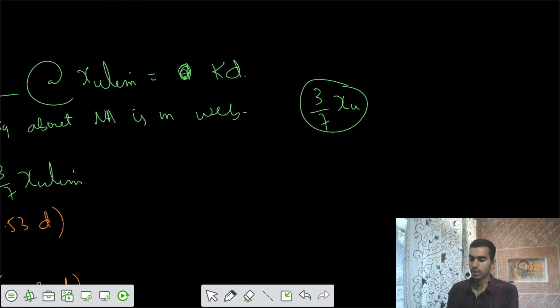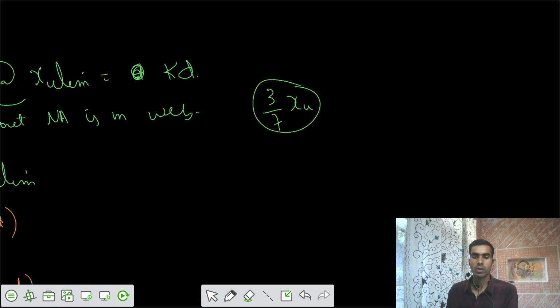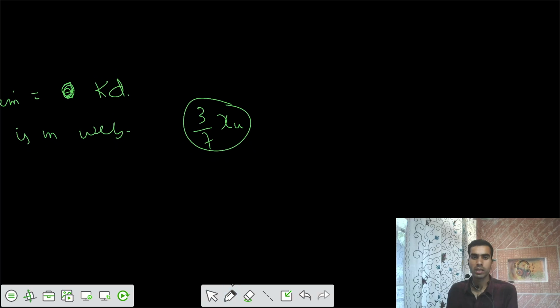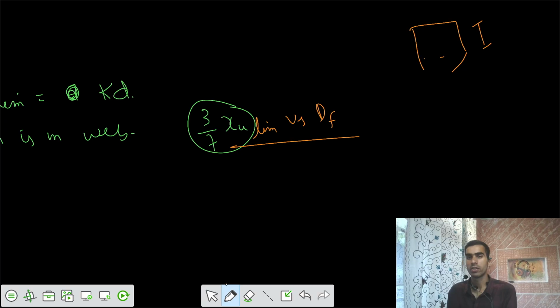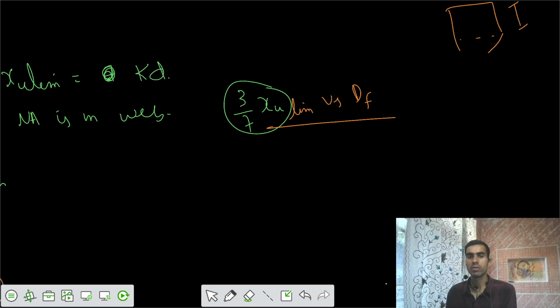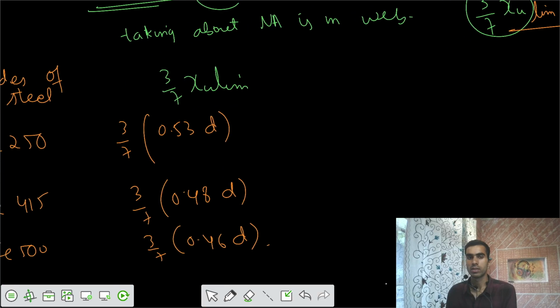Now I have to compare 3 by 7 XU limiting versus DF because the concern here was whether the entire DF is having constant stress or it's having some non-uniform stress variation also. So we are going to have a relation here, 3 by 7 of XU limiting versus DF, to calculate the limiting moment of resistance.